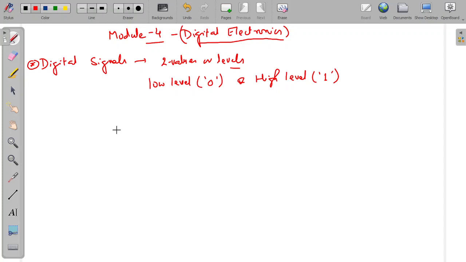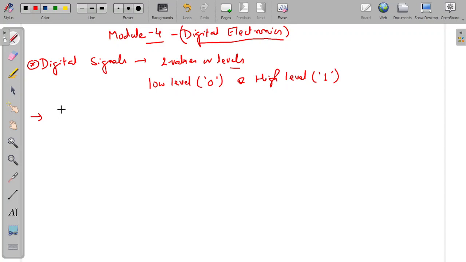The circuits which process these digital signals are called digital circuits, and hence a system developed for digital signal processing would be called a digital system. So what are these digital circuits made up of?